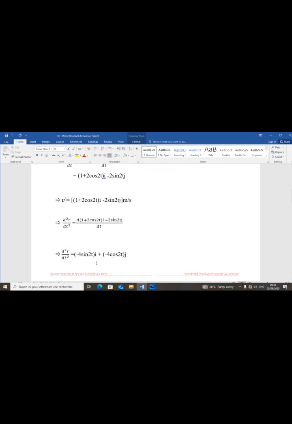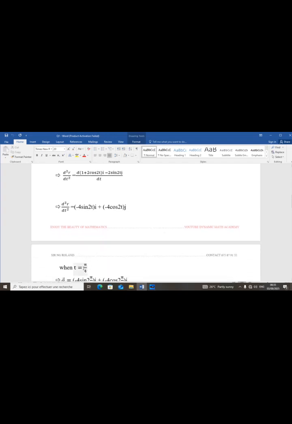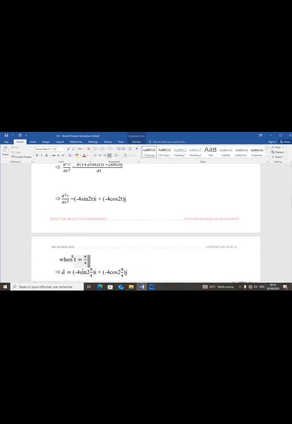Now when t equals pi on 4, that means that anywhere we see t, we replace it with pi on 4. We're going to have the acceleration of the particle equal to minus 4 sin (2 times pi on 4) i minus 4 cos (2 times pi on 4) j.